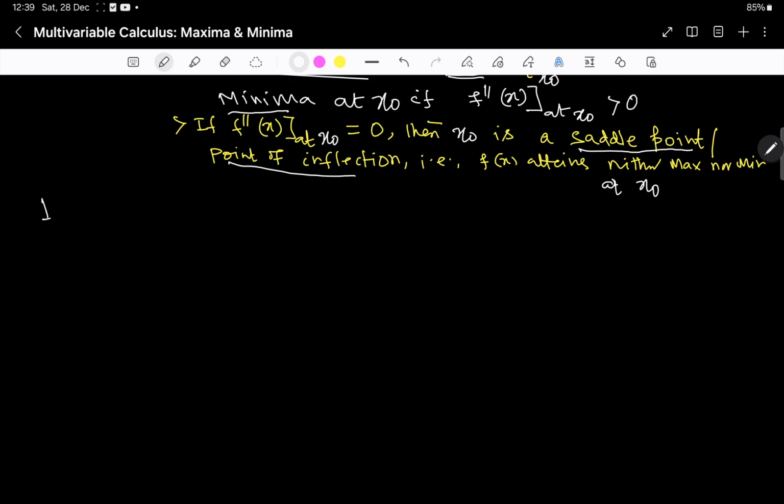And now let us consider a function of 2 variables, f of x, y.